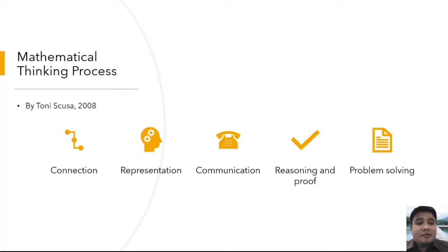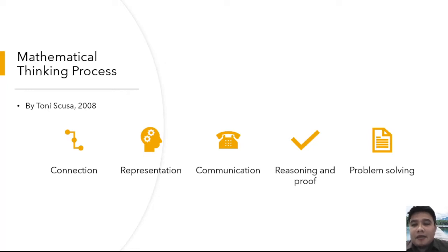Process number 2 is representation. A student who is successful at representation has an unofficial list of ways to represent a problem and its solution. They use a range of representations in expressing their thinking, for example by words, by drawing or picture, chart or other graph.